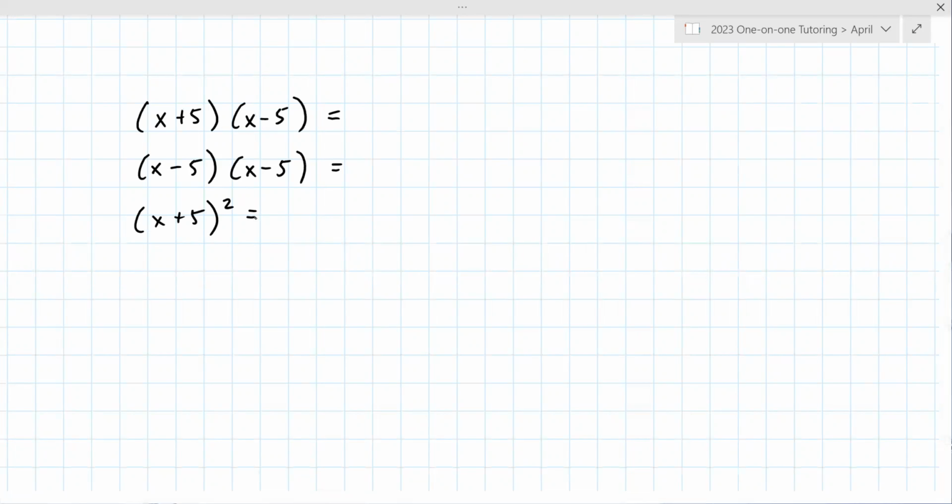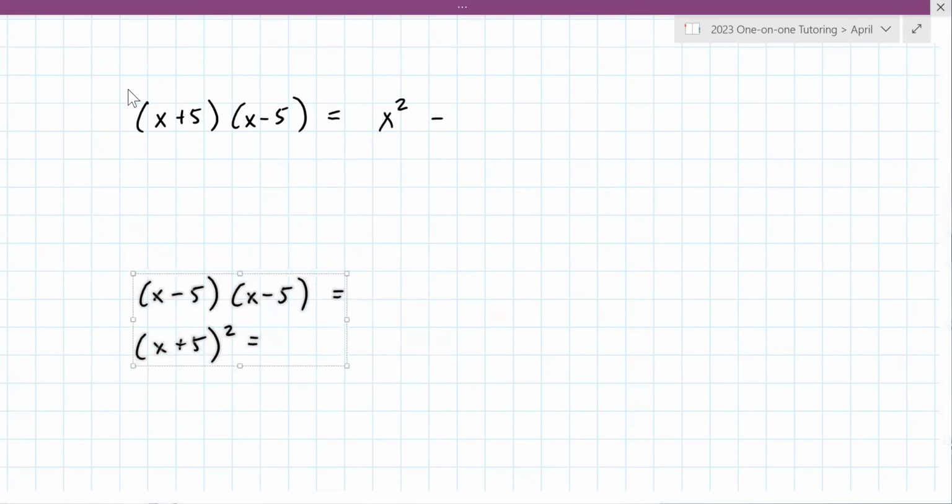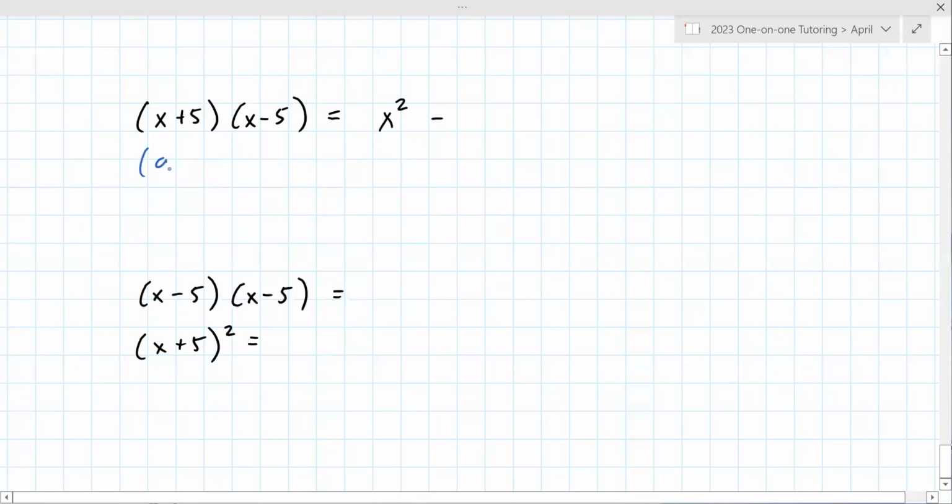x squared minus 10... So this one is, I'm going to write it underneath here. It's the (a + b)(a - b).